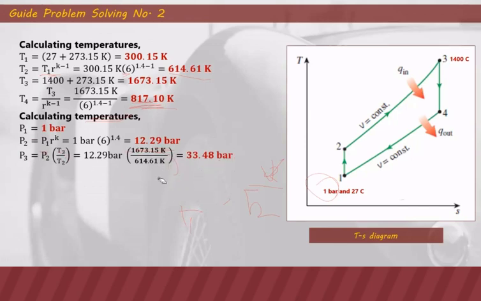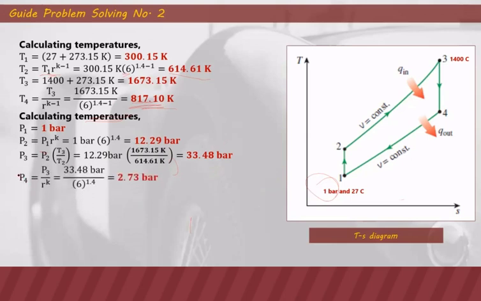That's why, by substitution, we have 12.29 times this at temperatures, and we have 33.48 bar. As you can see here, after the compression, the pressure has increased, and even after the heat addition process, there is also an increase in pressure to 33.48 bar.